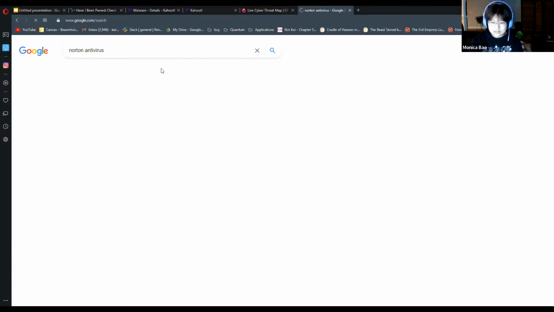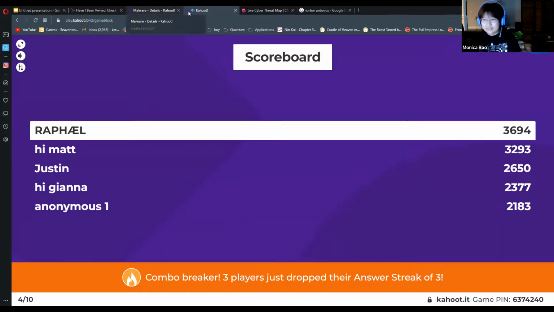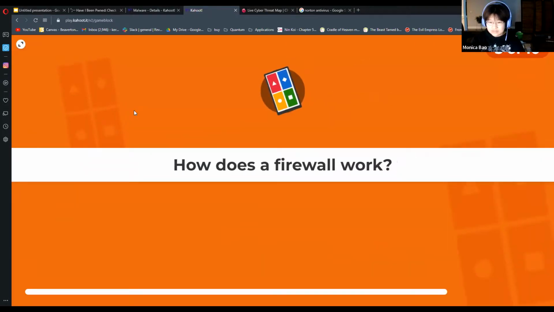Okay, hold on. I just want to see their logo. Yeah, it's that yellow check mark. And then AVG, okay, I would have also assumed it was AVG, but it was Avast. Okay, let's go.